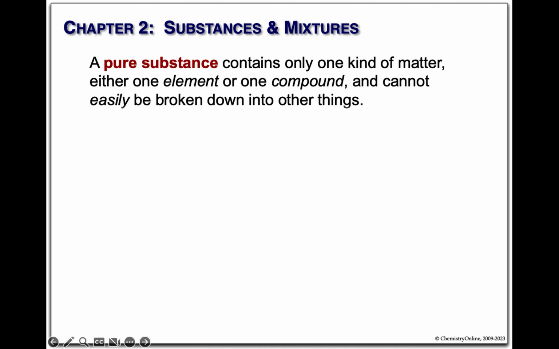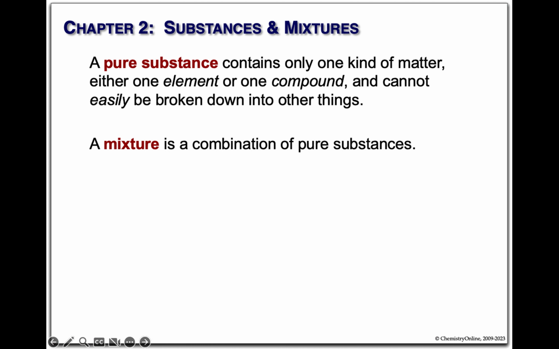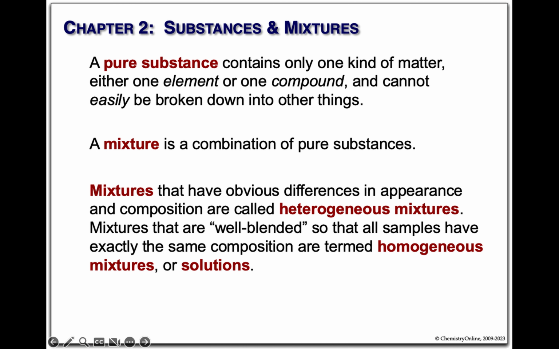Now, pure substances. A pure substance contains only one type of matter. So it'll be either an element or a compound. A mixture is a combination of pure substances. Mixtures come in two forms. Heterogeneous, that means different, and homogeneous, which means the same.